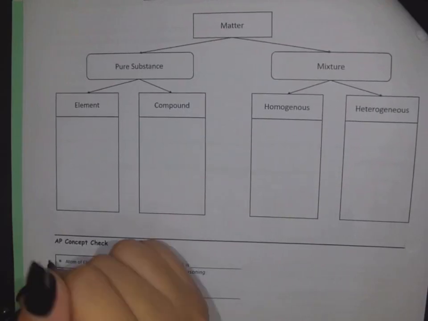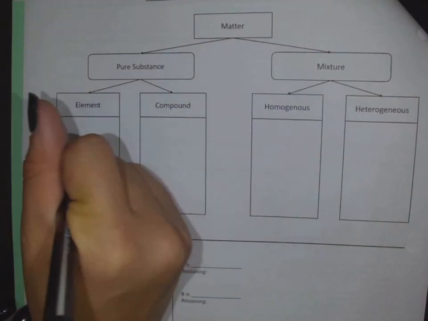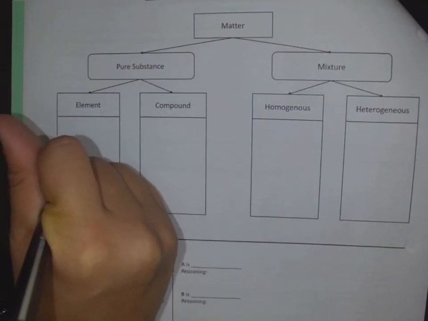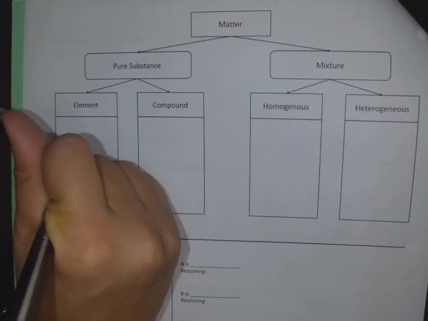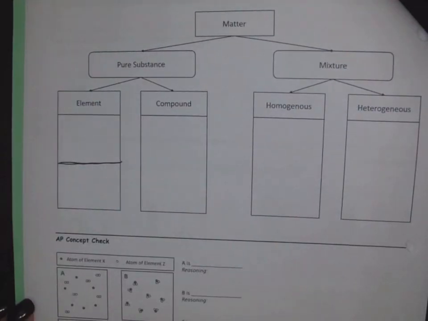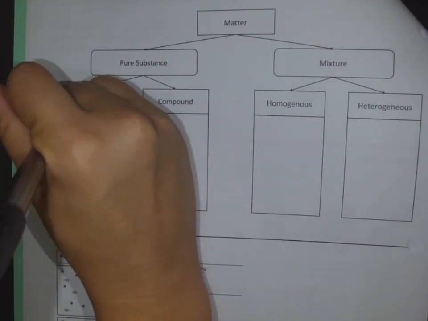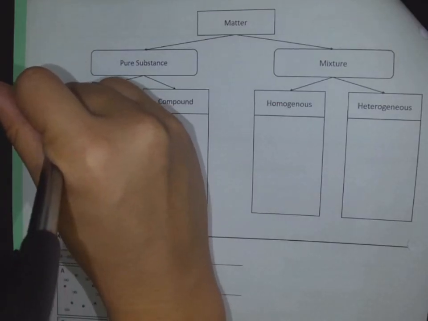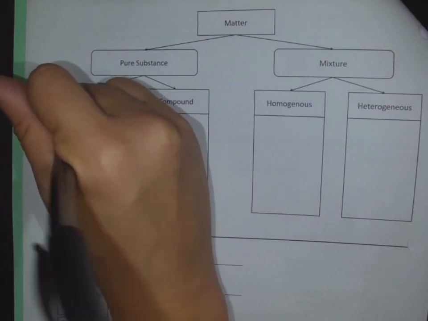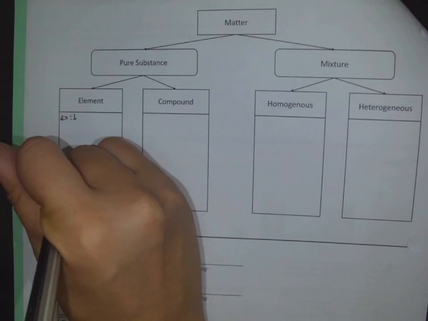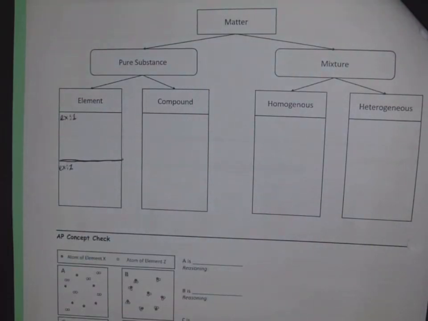Let's break this in half, and I'm giving you two different examples of what an element sample can be. They're not a mixture, so this is not in the same container. I'm giving you two completely separate examples, example 1 and example 2.